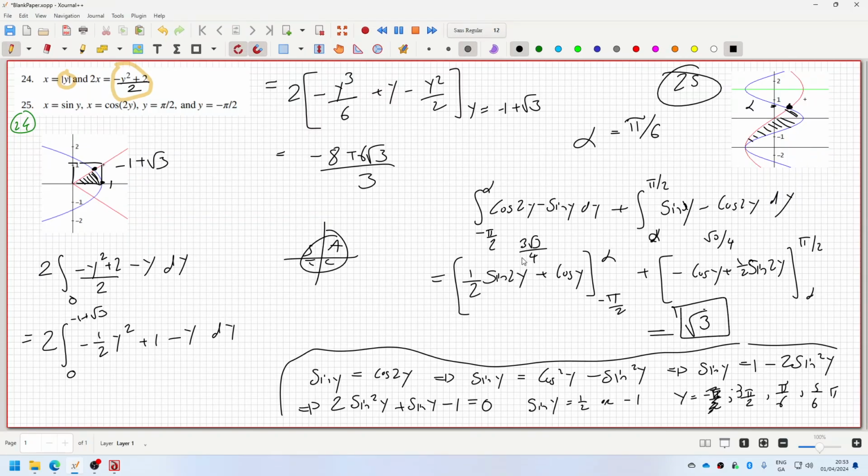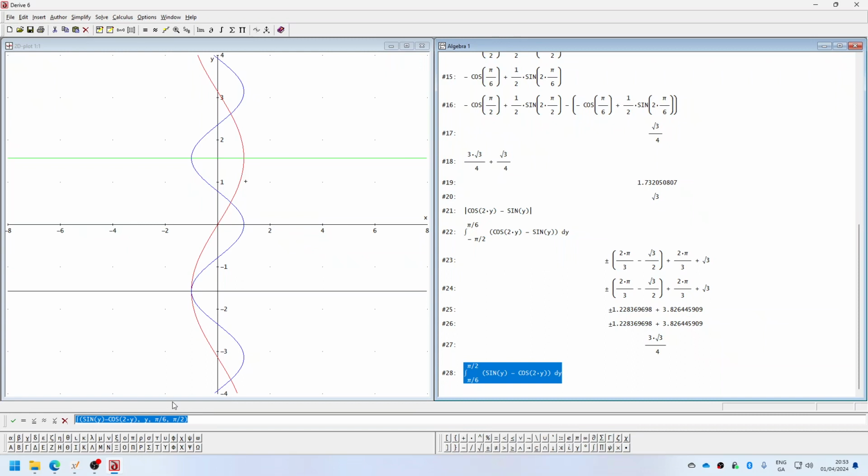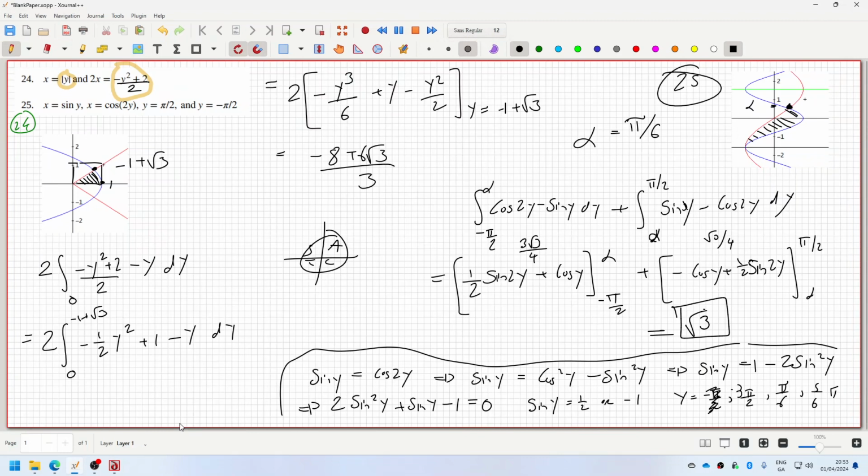Okay, so that's that one we agree with. Okay, and then let's switch it around, pi over 6 to pi over 2. Oh, that's 3 root 3 over 4, so that one is wrong.